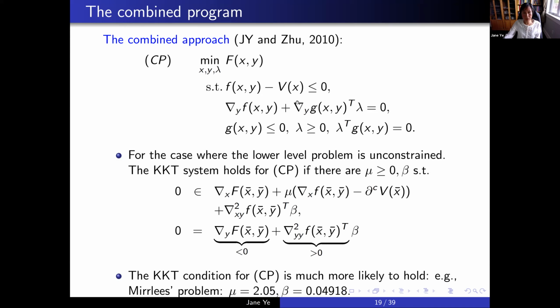But now if we use the combined approach, we also have this term due to the first order constraint. And so this term is positive, right? Positive. And so this condition holds for beta equal to this number.